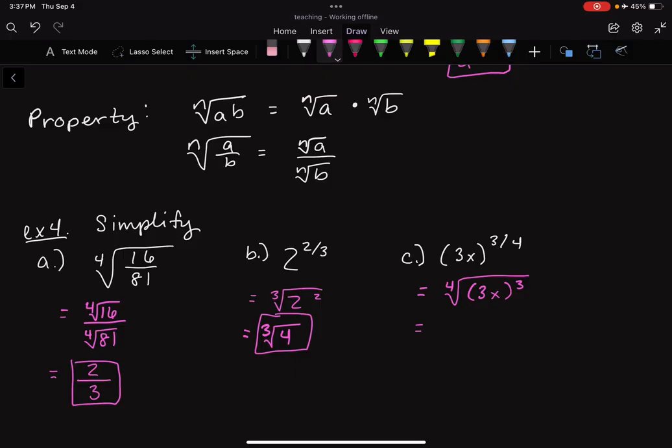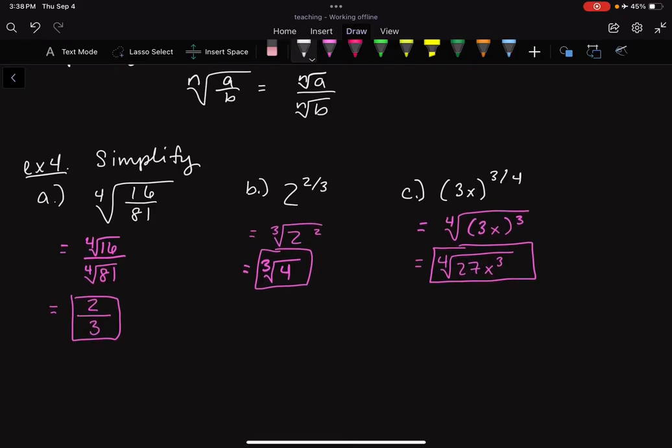I can't take the 4th root of x. There's nothing I can do there. So I'm going to go ahead and do the cubed first. So that's going to be 3 cubed is 27, x cubed. And this actually cannot simplify at all, so we're just going to have to leave it ugly. That's okay. I'll talk to you about when you can simplify those, though.